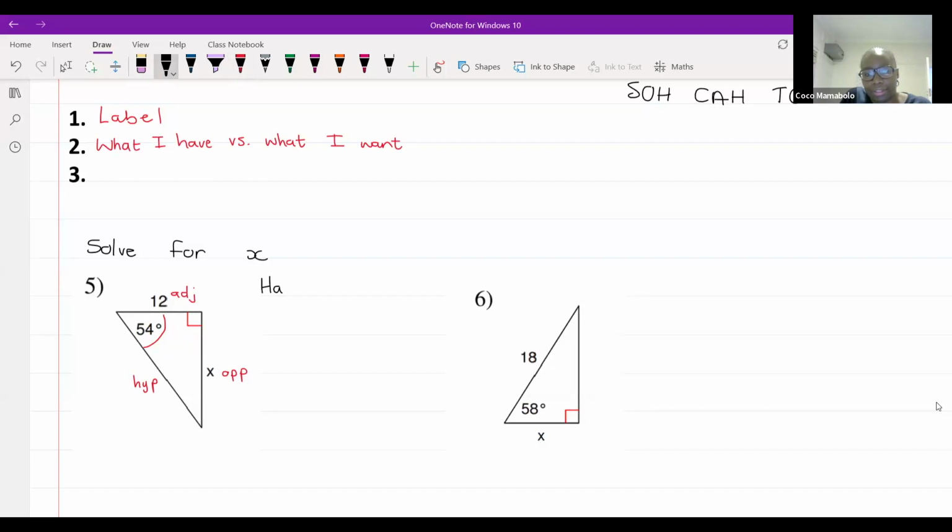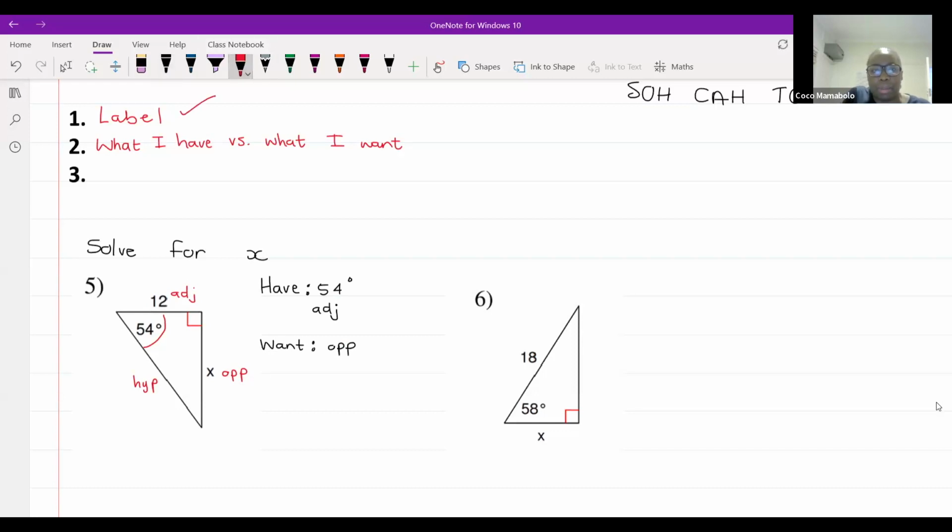What I have is I've got a 54-degree angle. It's very important that we include the angle, Emmanuel. Don't forget that. I've got the 54-degree angle and I've got my adjacent side. And what I want is x. I want x, and x is my opposite side. Okay, that's step number 2.